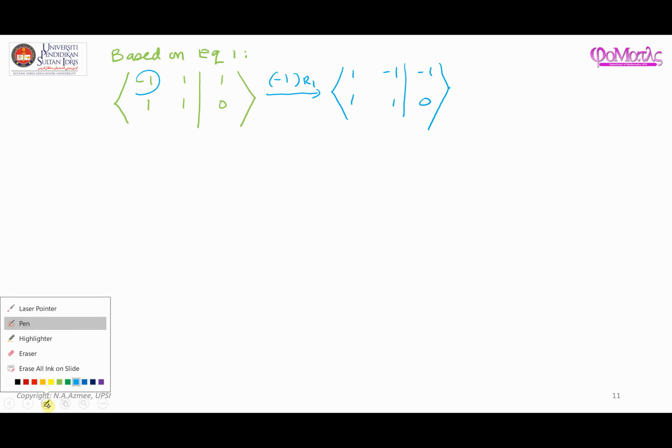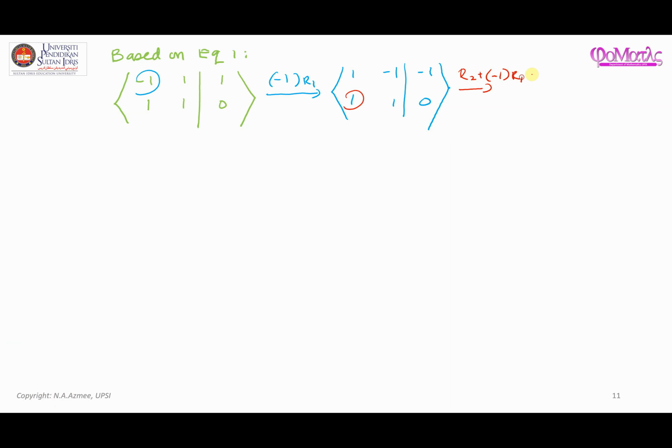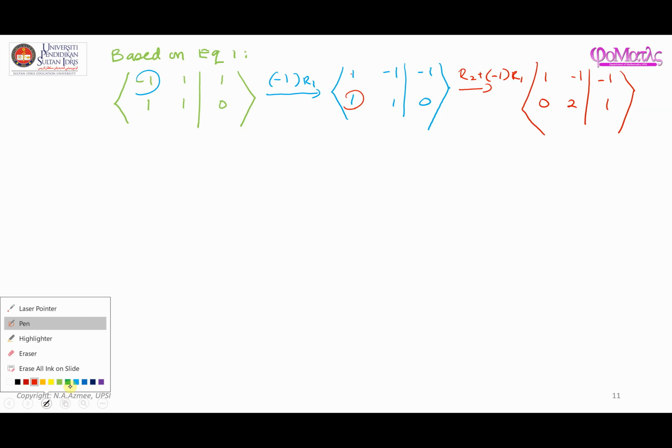The next part is to turn this into 0. So R2 plus negative 1 R1. So 1 negative 1, negative 1; 1 minus 1 is 0; 1 plus 1 is 2; 0 plus 1. Okay, and if you want to make it look nicer, you can turn this value into 1 by multiplying the second row by 1 over 2.